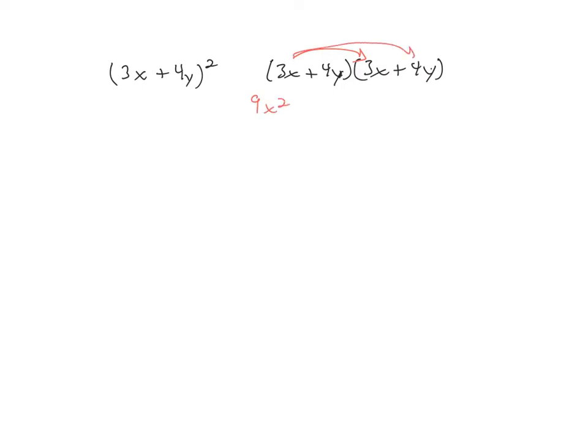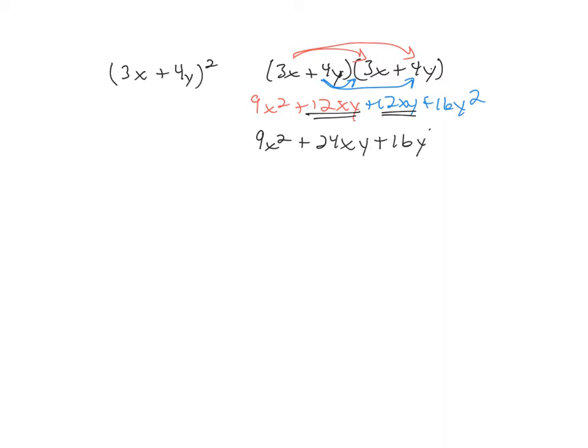So when you do it, okay, 3 times 4 is 12, and then it's just xy. You can't combine them and make a new letter. So, and then again, plus 12xy, and 4y times 4y is 16y squared. So you can again combine these two things in the middle. As long as they both have xy, you're good. So 12 plus 12, 24xy, plus 16y squared.